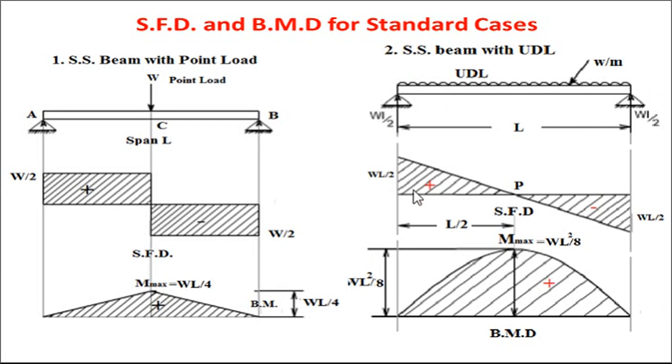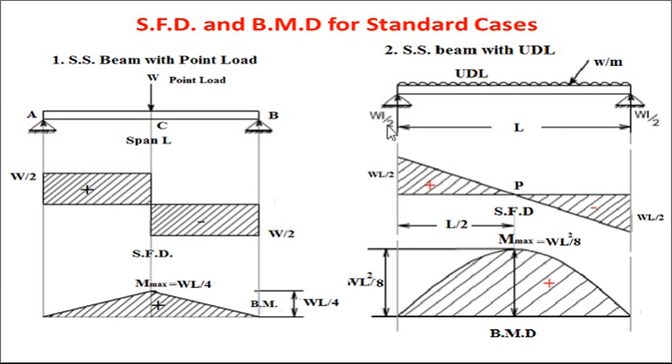Then similarly draw a horizontal line at WL by 2 upward, minus the total W into L. WL by 2 minus WL gives minus WL by 2, so you reach this point. And here there is a reaction WL by 2 upward. If you move upward, the shear force diagram will close.